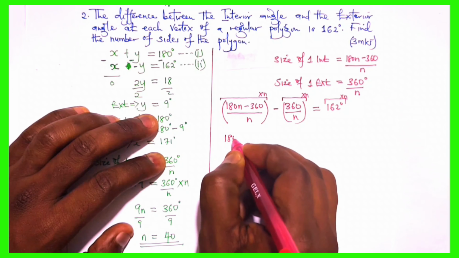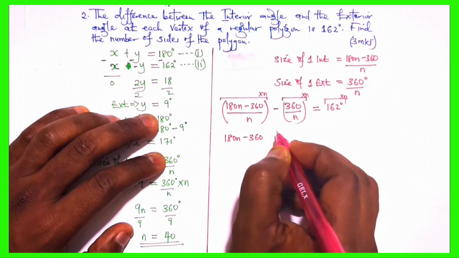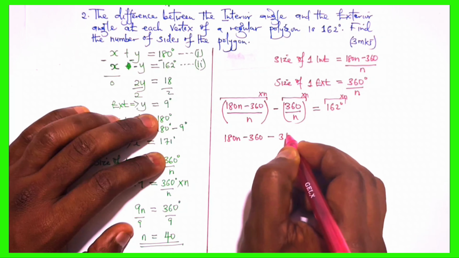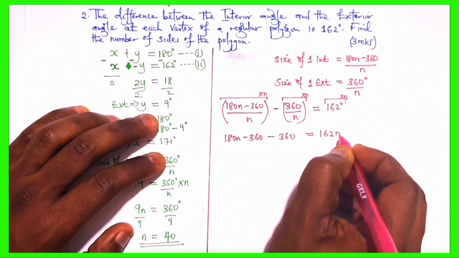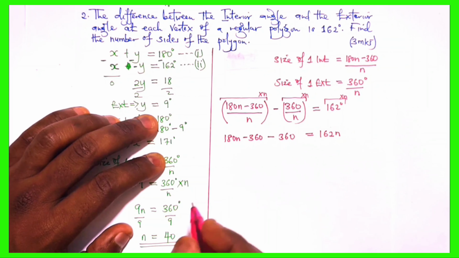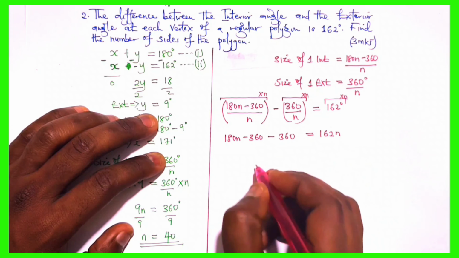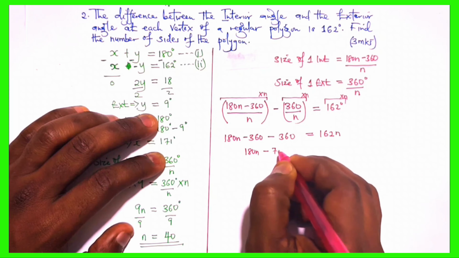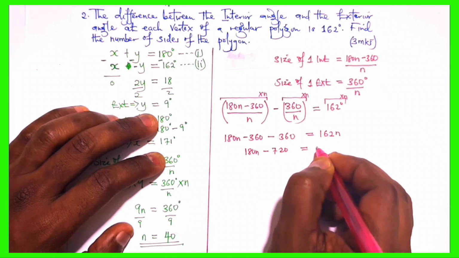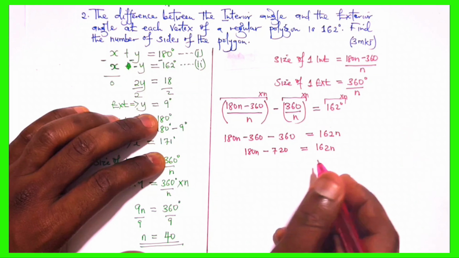We are going to have here 180n minus 360 and then minus 360 to be equal to 162n. This will be equal to, if to complete this one here, I'll say that 180n minus 720 will be equal to 162n.